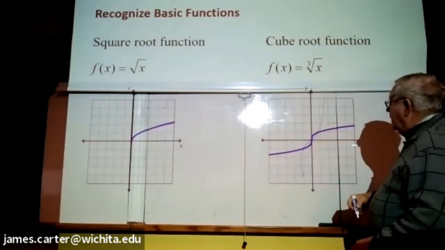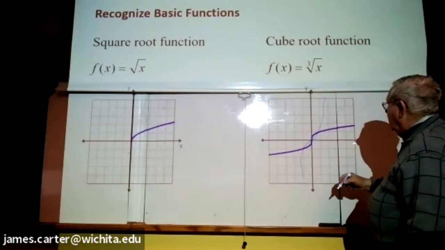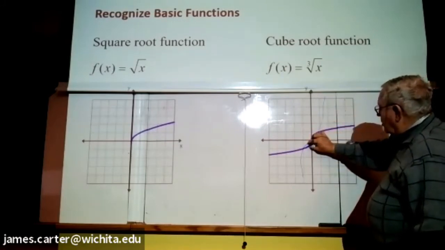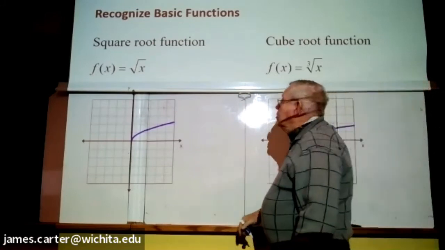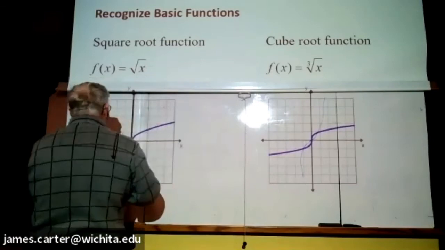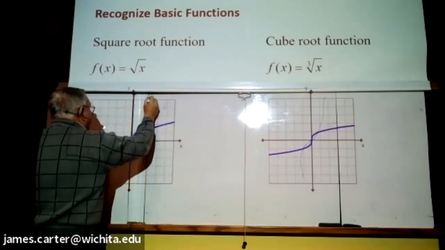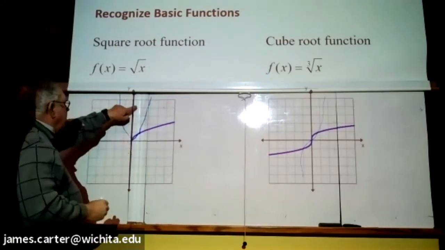These two are at a 90-degree angle to each other. They are a reflection of each other. These two points reflect, those two reflect, these two reflect, those two reflect, these two reflect. Likewise over here, this is square root of X, and this would be X squared.